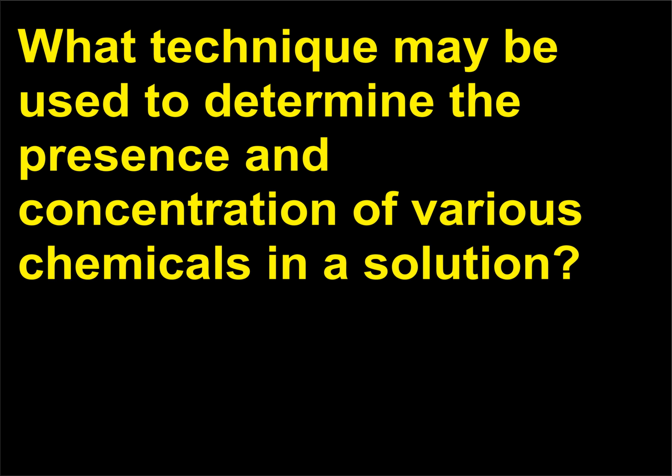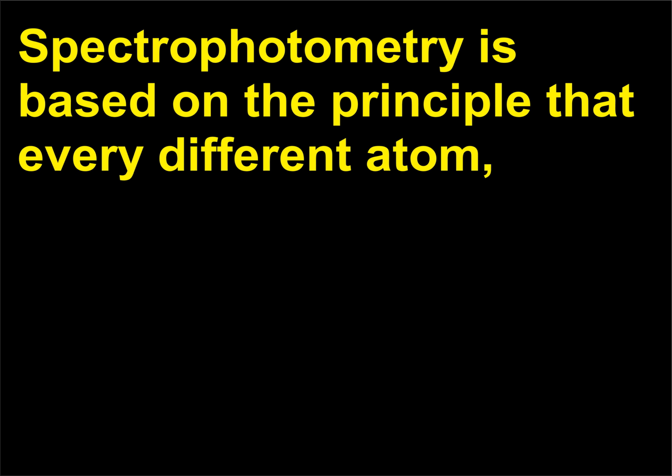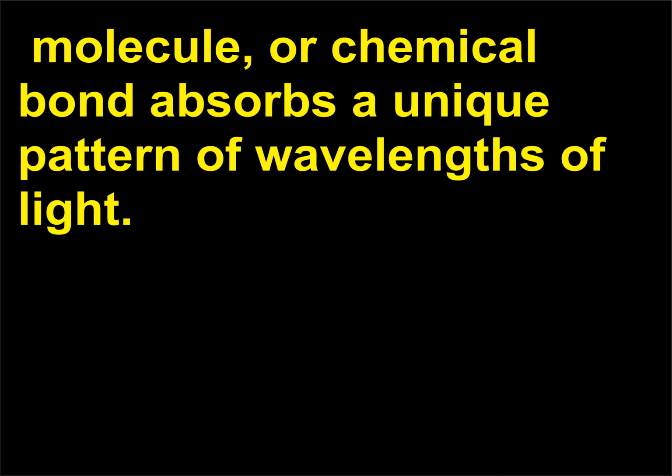What technique may be used to determine the presence and concentration of various chemicals in a solution? Spectrophotometry is based on the principle that every different atom, molecule, or chemical bond absorbs a unique pattern of wavelengths of light.